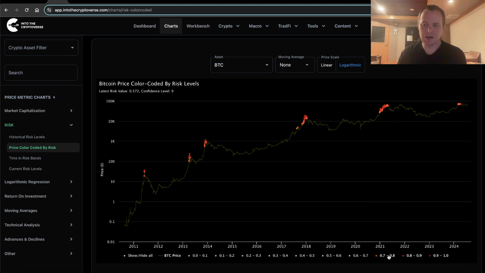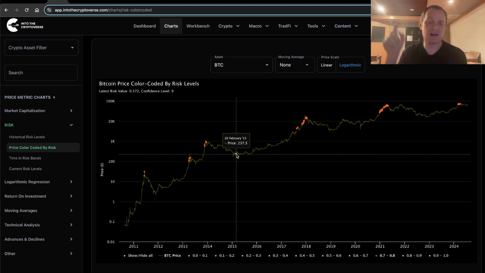One of the things that you may note here is that if you just simply look at the 0.7 to 0.8 risk band, which is where we already went, and you compare it to prior cycles, you can see, and it's just sort of an interesting fact, that every prior cycle, assuming you treat 2011 as its own cycle, considering it dropped like 80-90% or something, the year that we went above 0.7 risk, we eventually ended up falling a lot the following year, right?